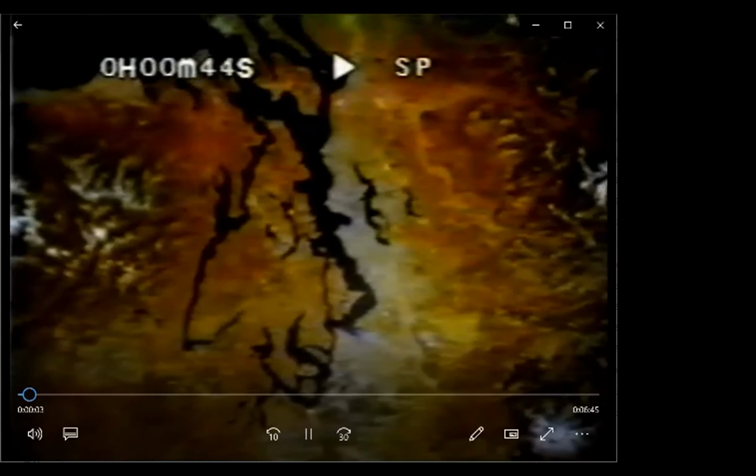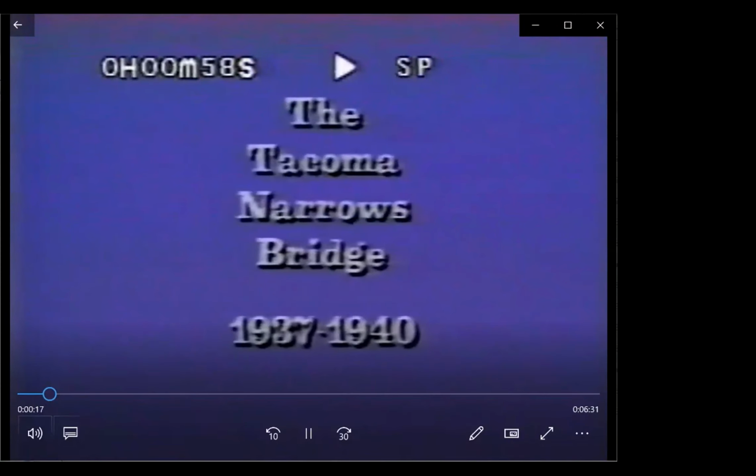The Olympic Peninsula, extending northward from the lower end of Puget Sound for a distance of more than 90 miles, is separated from the mainland throughout its length by the waters of the Sound. At its narrowest point, Tacoma Narrows, the width of the Sound is 4,600 feet. In 1937, the state of Washington created a toll bridge authority, which was empowered to construct bridges within the state.